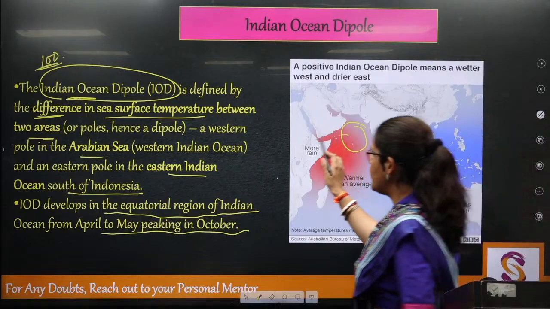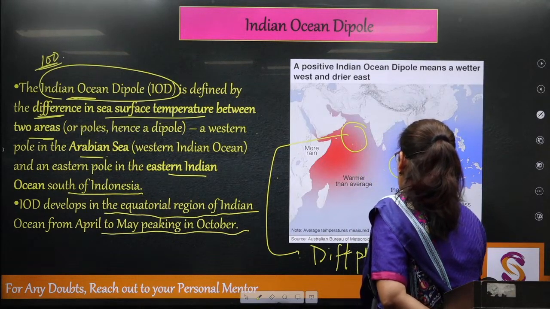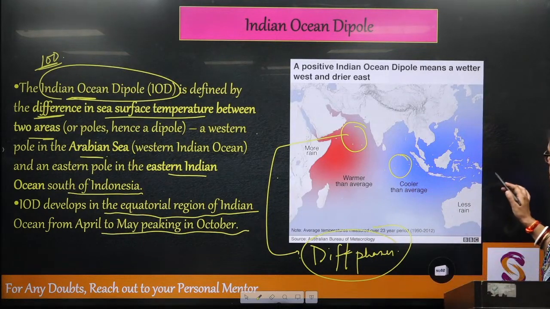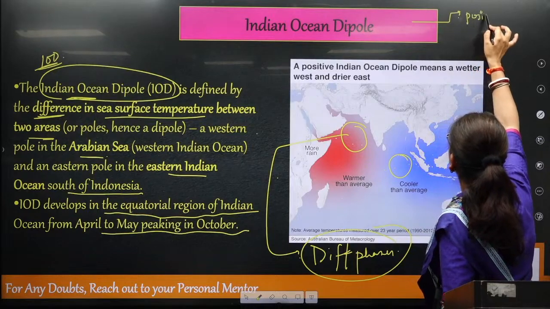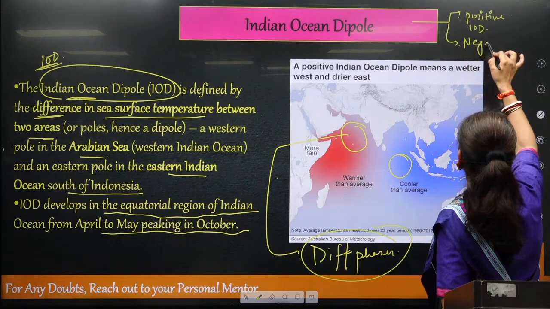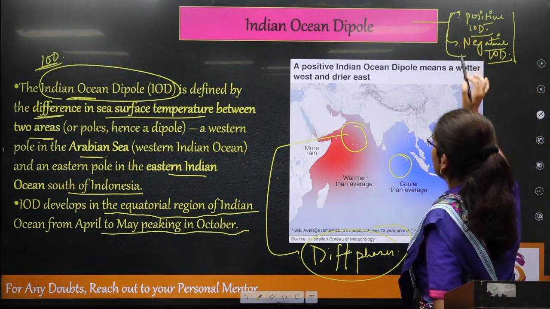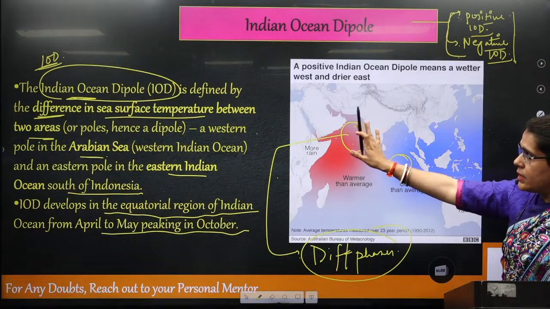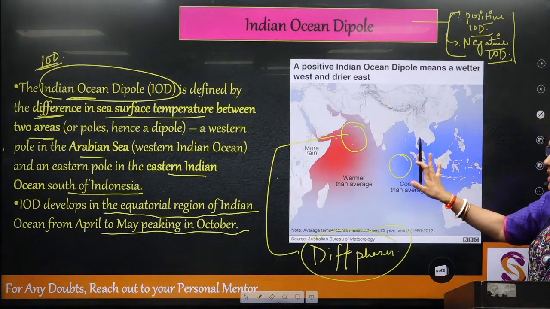Okay, so this dipole can have different phases. Indian Ocean Dipole can have two phases: first a positive IOD and another a negative IOD. So what is positive IOD? Positive IOD is when this coupled system is formed in such a manner that the sea surface temperatures of the western Indian Ocean are higher as compared to the eastern Indian Ocean.